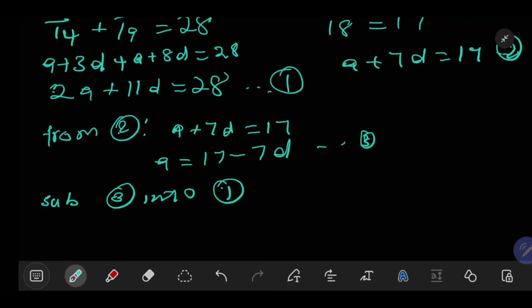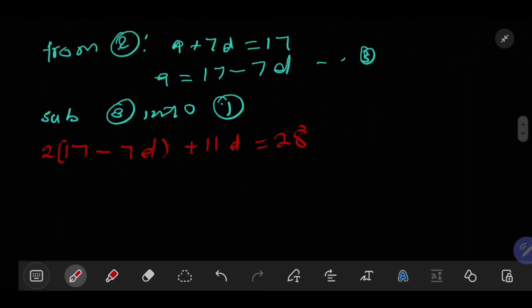So where we see a, we are going to substitute 17 minus 7d. So we're going to have 2 times (17 minus 7d), plus 11d is equal to 28. All right, so then we need to multiply out.